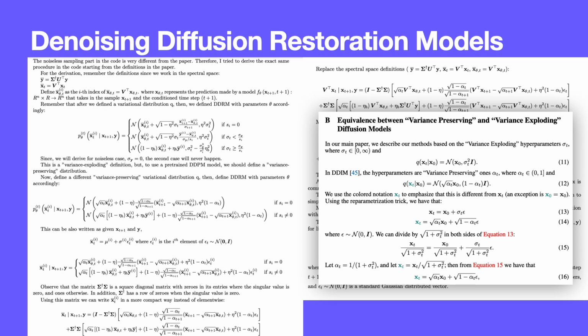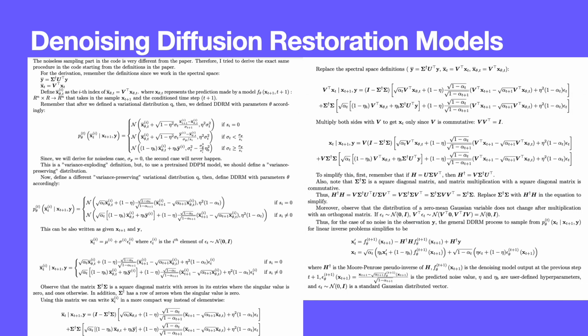And after this new definition, I used reparameterization, and after some compact writing using this pseudo-inverse sigma times matrix, I successfully got the compact notation, and using these matrices with some simplifications, I successfully derived their sampling procedure.